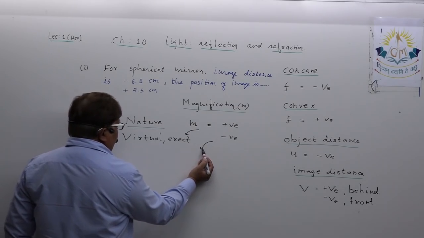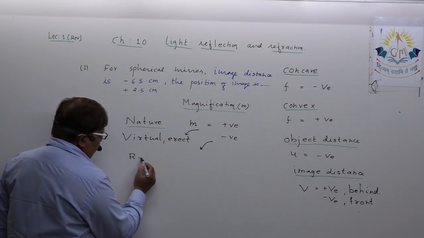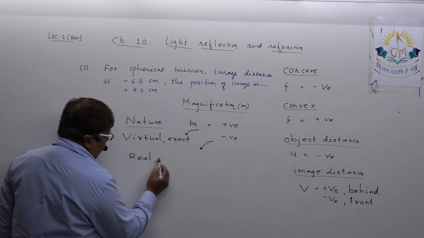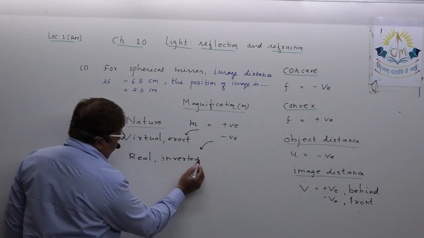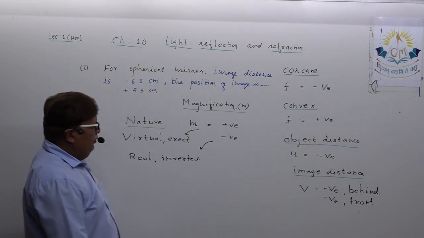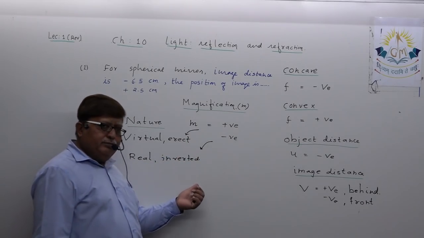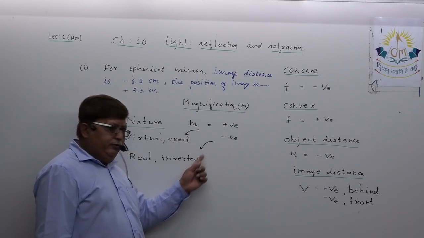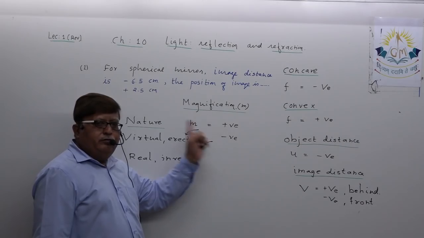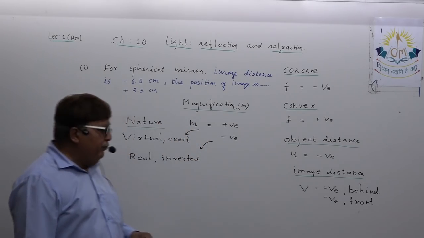Magnification negative means image is real. Real, obviously, always inverted. Remember this thing, dear student. We are going to discuss at least 5 to 6 MCQs just from the value of magnification.